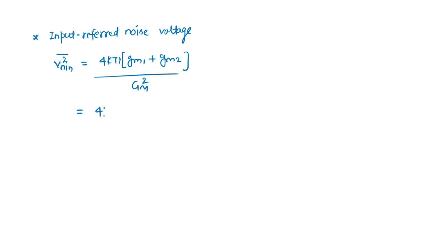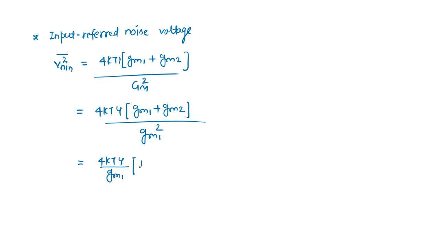So it will be 4kT gamma (GM1 plus GM2) divided by GM1 squared. So what we can see, 4kT gamma by GM1, times (1 plus GM2 by GM1). Okay, so this is the input referred noise.